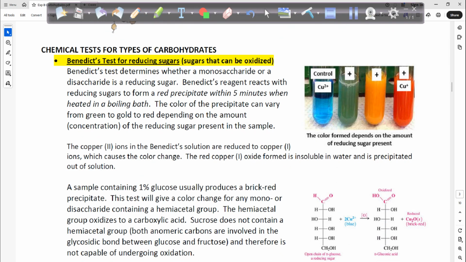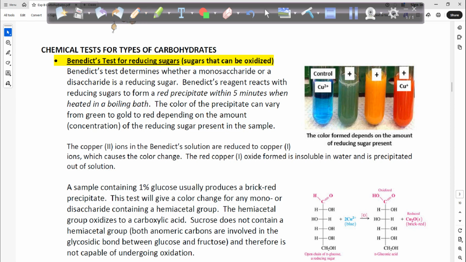Now let's look at the tests. We have 3 tests: the Benedict's test, the Seliwanoff test, and the iodine test. Benedict's is a copper solution.